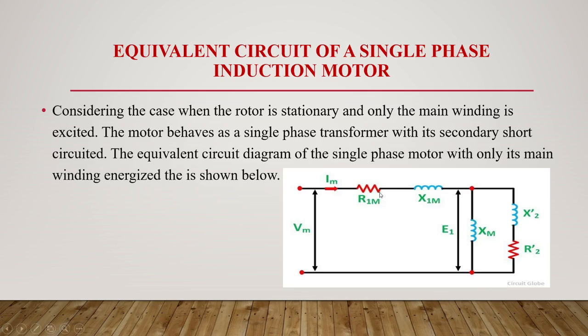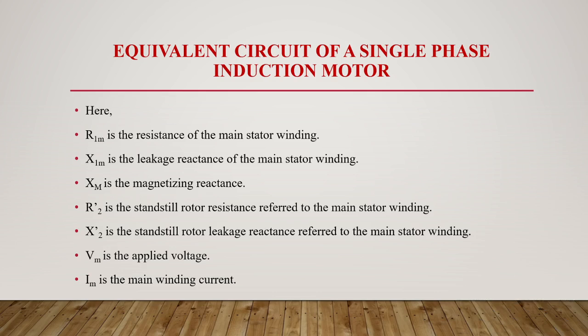Okay, these are the values of resistances and reactances. Vm is the voltage, Im is the current, the magnetizing current we can say here, R1m, X1m, E1 the EMF induced, Xm, X2 dash, R2 dash. So R1m is the resistance of the main stator winding.